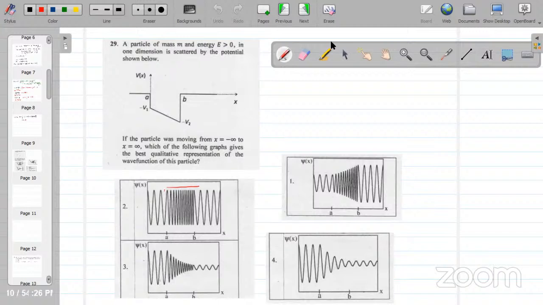So we have to look at the energy difference, like k equals root over 2m times E minus V by h cross square. The kinetic energy is E and the potential energy is V1. So k will be shorter, and as the ramp decreases, meaning the energy difference gets larger, k, which is related to frequency, will increase.